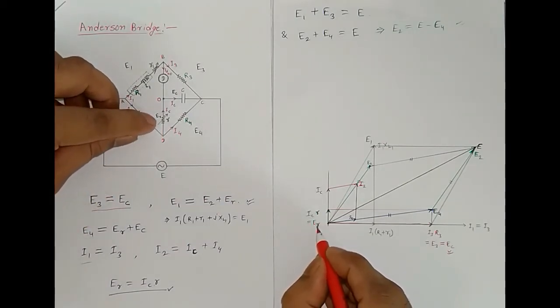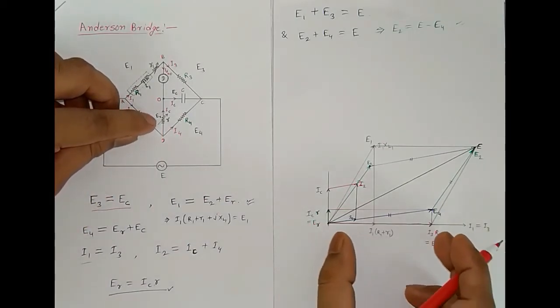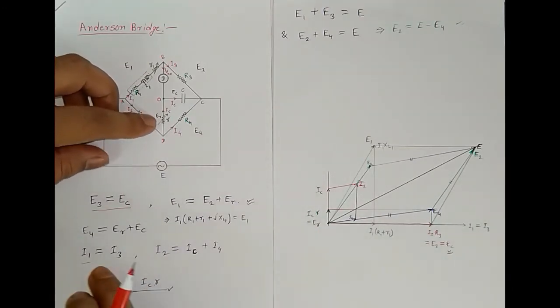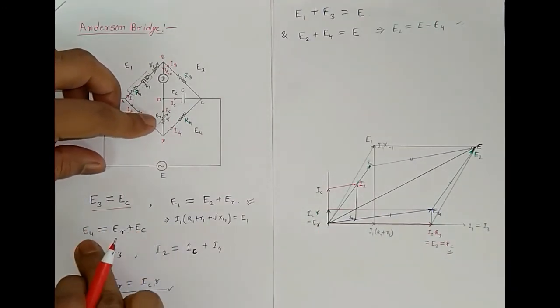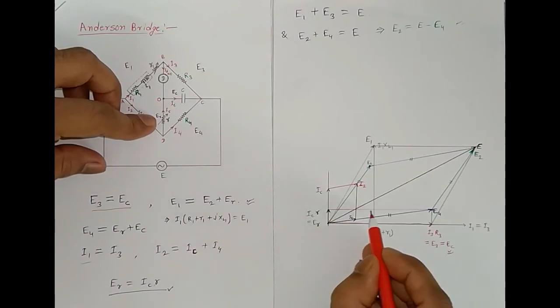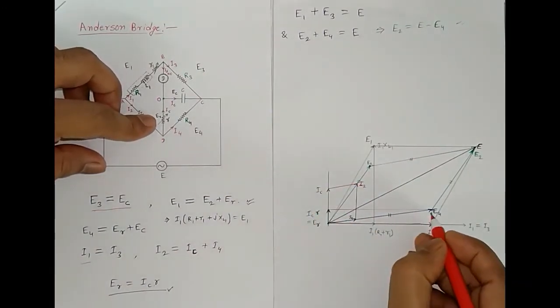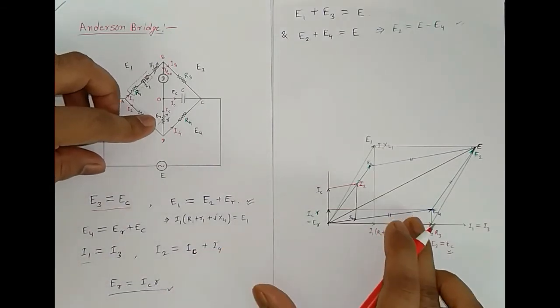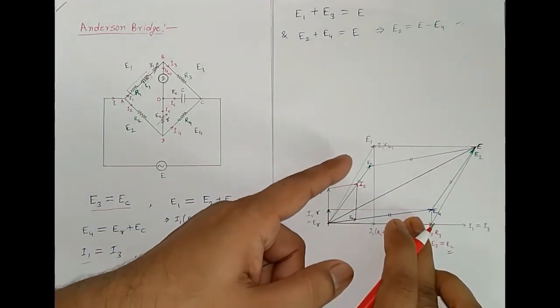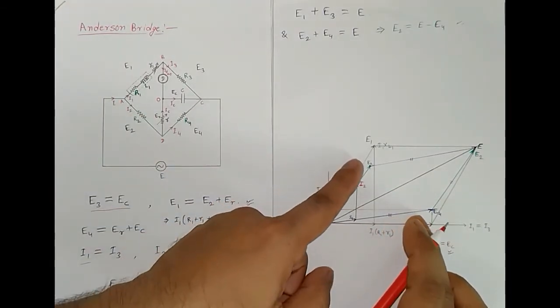If this is ER and this is EC, then ER plus EC gives us E4. So the resultant of both this line and this vector gives us E4. We have already drawn E1.